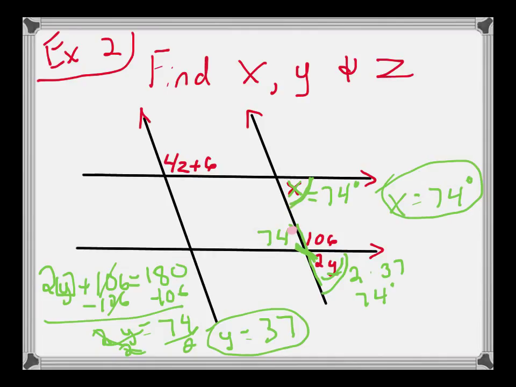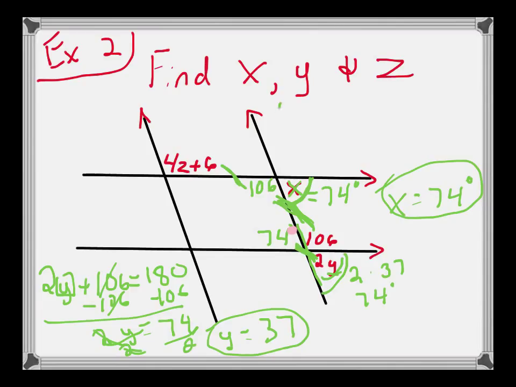What I'm going to do is, well, there's more than one way. I can use alternate interior angles, cross the transversal here, stay inside the parallel lines here, and then I can cross the transversal again and see that 4z plus 6 equals 106.